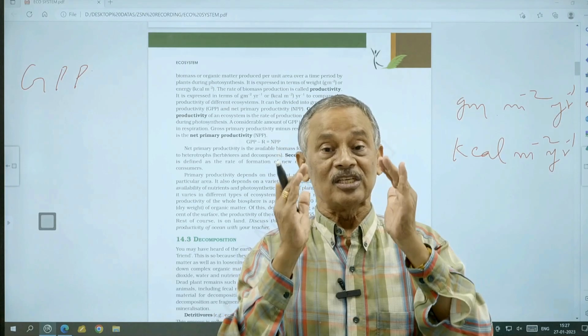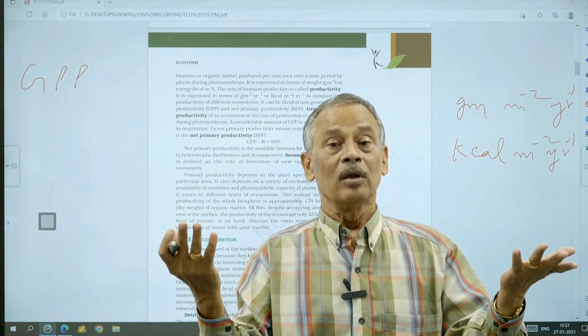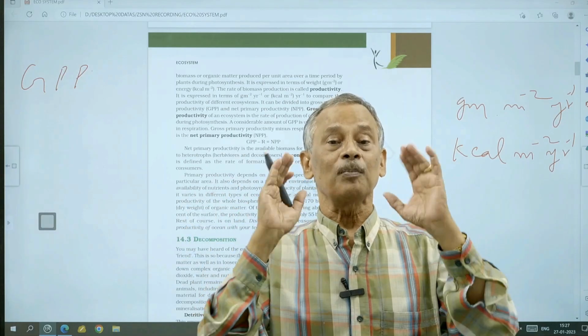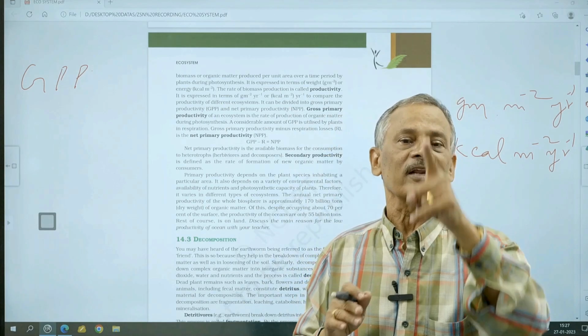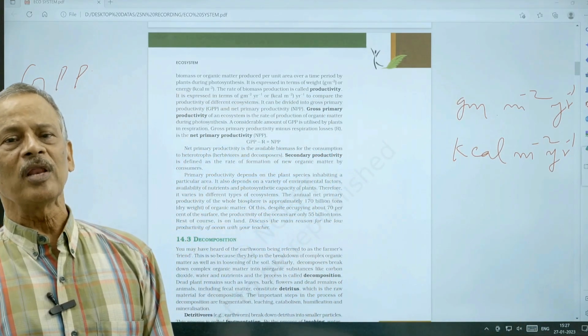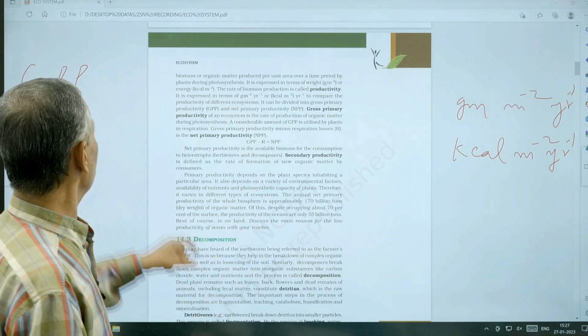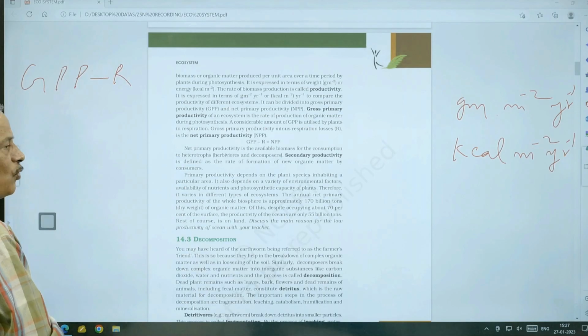That is the energy that I use for my own. So energy that is used by the plants for their own activity is called respiration. So a considerable amount of energy is lost or utilized for respiration.